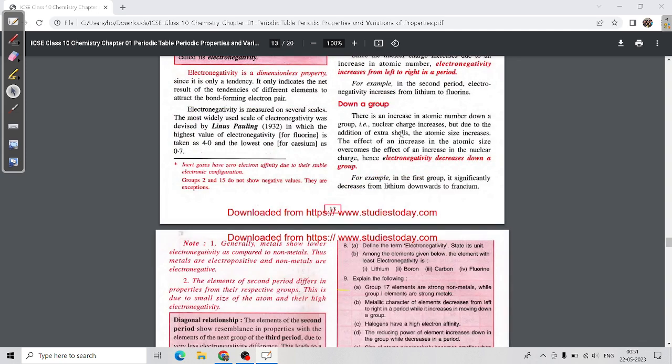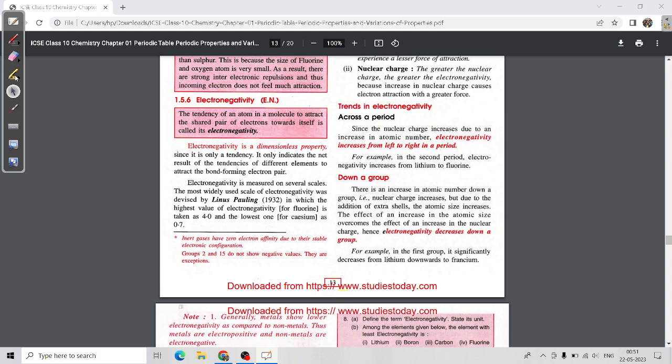Now if we check the trends in electronegativity across the period, it will increase. You know why? Because electronegativity increases from left to right in a period, as the nuclear charge is greater and the atomic size is very small, so the electronegativity will increase.